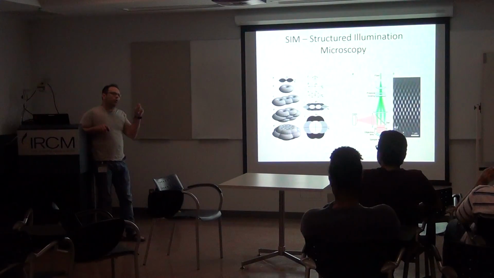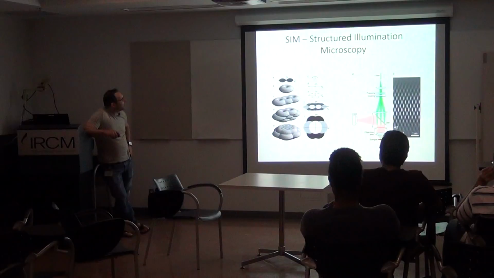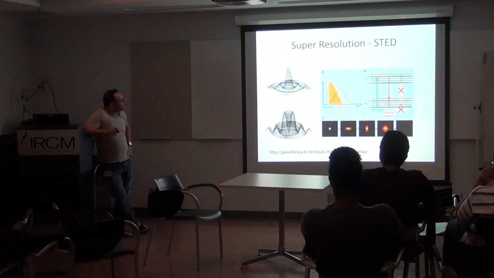So let's say you have 1 pixel in regular microscopy. With SIM, you're going to get 4 pixels instead of 1 for the same object. Okay? So you get a factor of 2 in both directions as well.